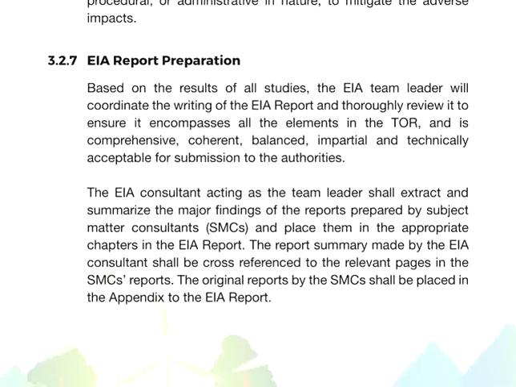You will need to review the report once it is completed and ensure the report is comprehensive, coherent, balanced, impartial, and technically acceptable for the submissions to the authorities.